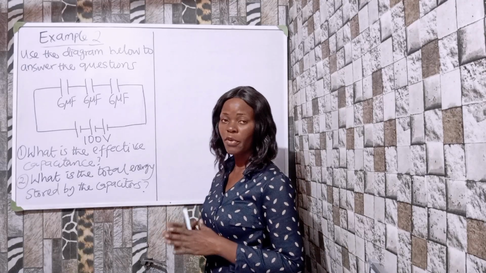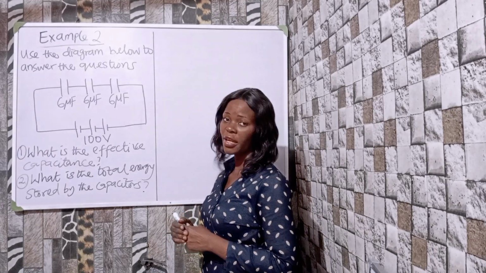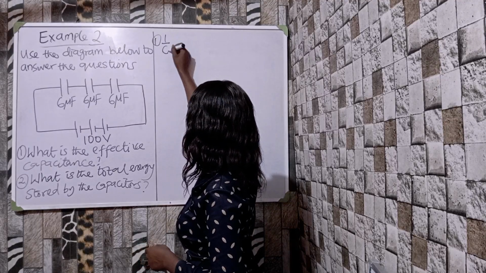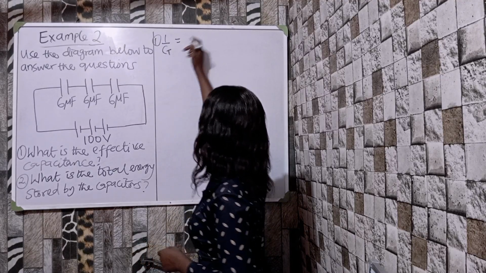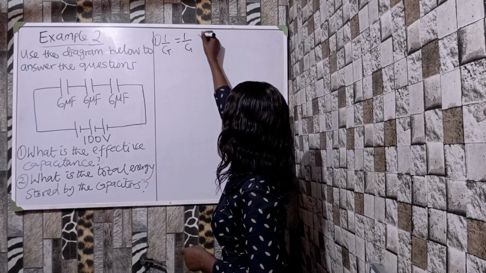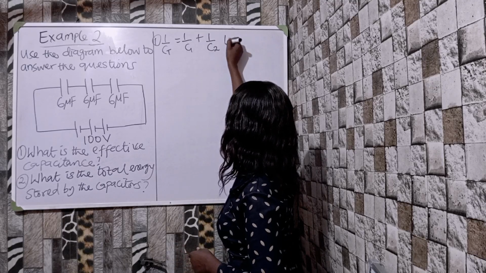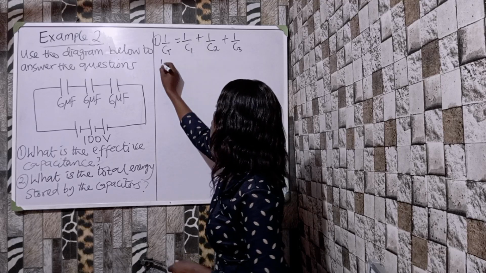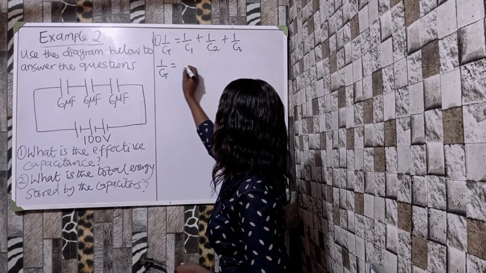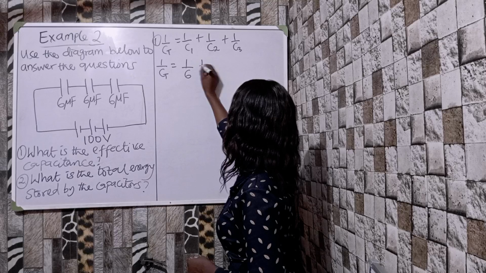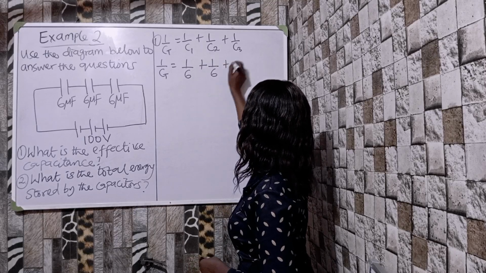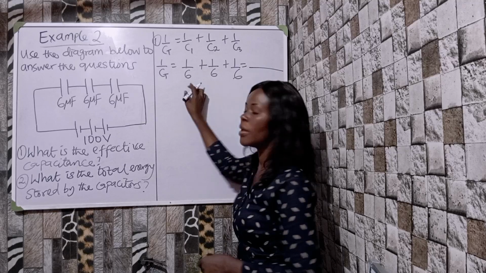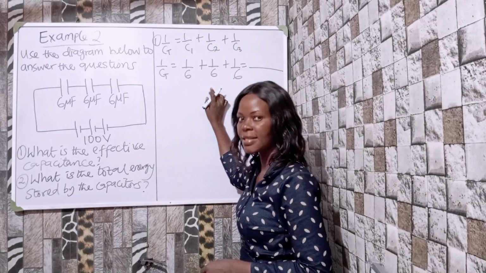Let us first solve for effective capacitance, and they are connected in series. So we have 1 over C total is equal to 1 over C1 plus 1 over C2 plus 1 over C3. So we have 1 over C total is equal to 1 over 6 plus 1 over 6 plus 1 over 6. So what is the LCM of 6, 6 and 6?